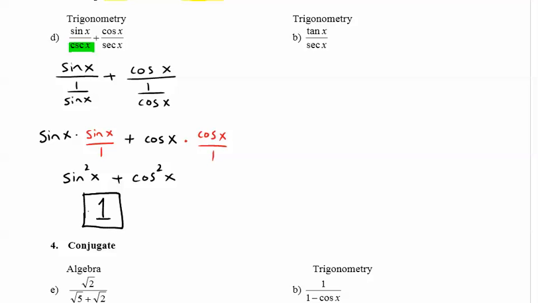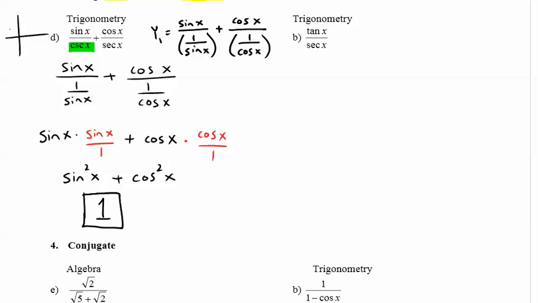Now if I want to check and see if my work's correct, I can graph y1 as sine over, unfortunately I can't type in cosecant, but I can type in 1 over sine, and then cos over 1 over cosine, and if I graph that, it's actually going to look like the line y equals 1. And that's how I can know that I got the right answer.